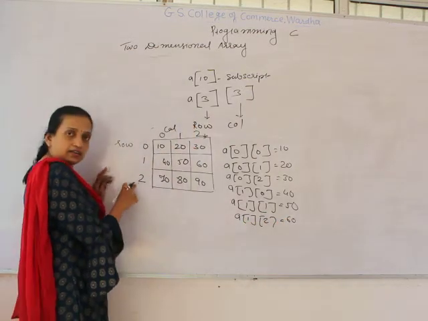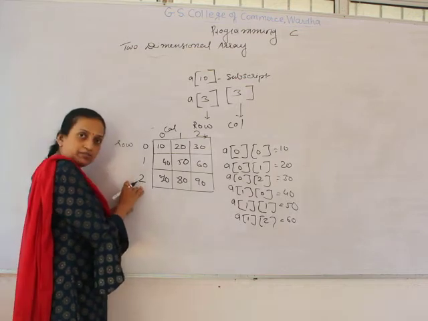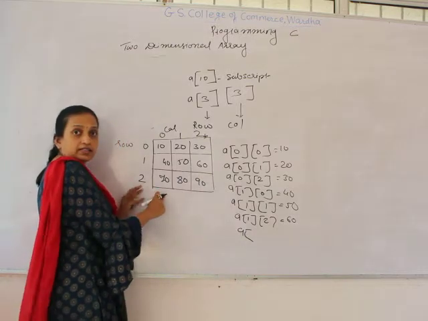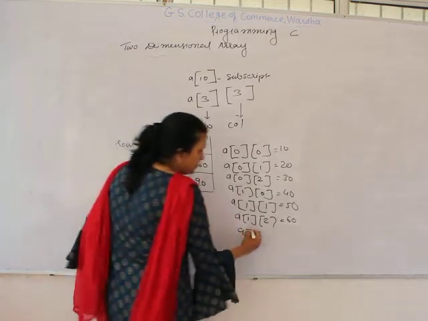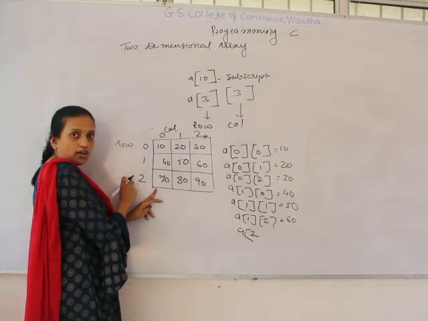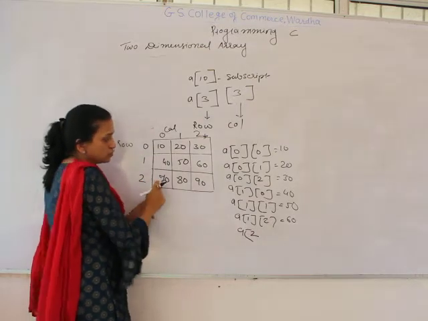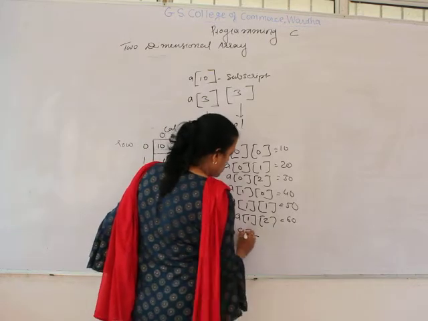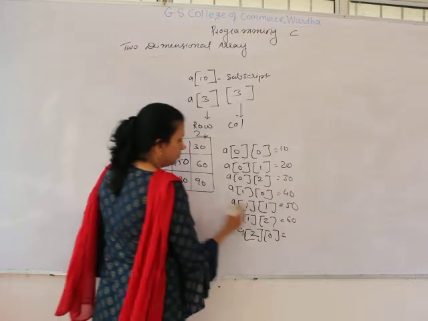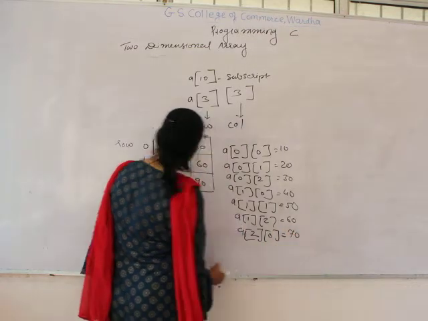The seventh value is referred to by row 2 and column 0, that is 2, 0, which means 70.